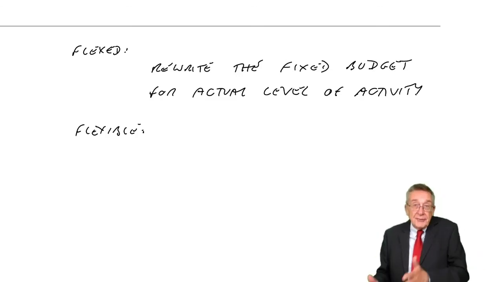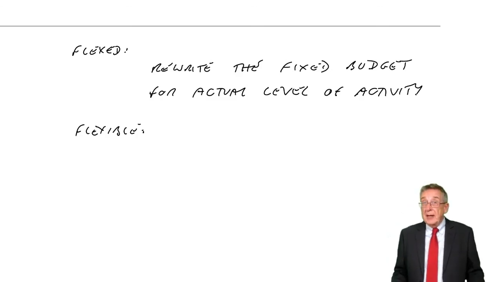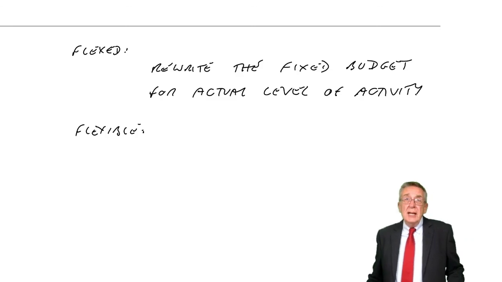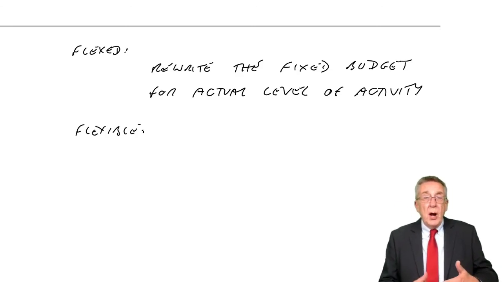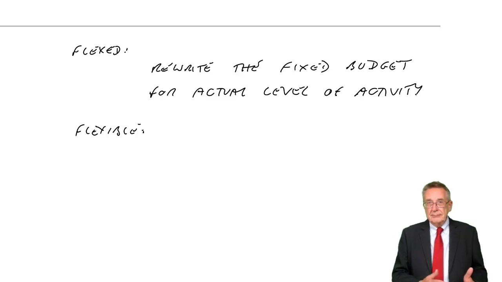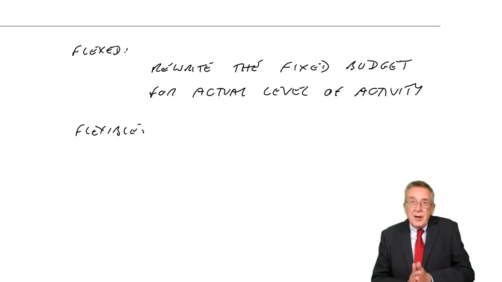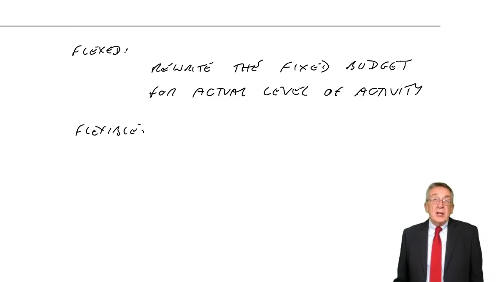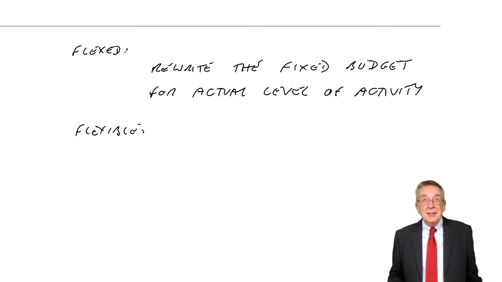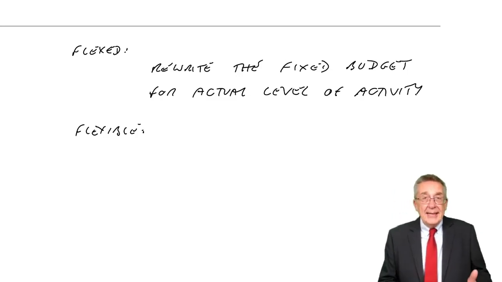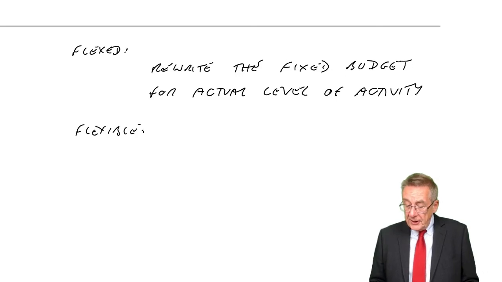It's only afterwards we can find out how many we actually sold and produced. So a flexible budget is where you've prepared the budget in a way that can be easily flexed. You know, that you've separated out the fixed and the variable costs. So we could easily, perhaps using a spreadsheet, produce a flexed budget for any levels of activity. So it's a budget that's easily flexed.